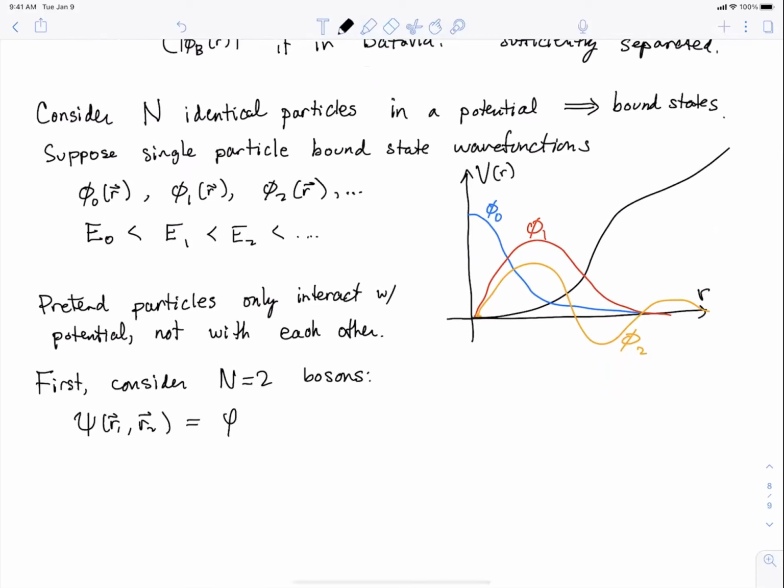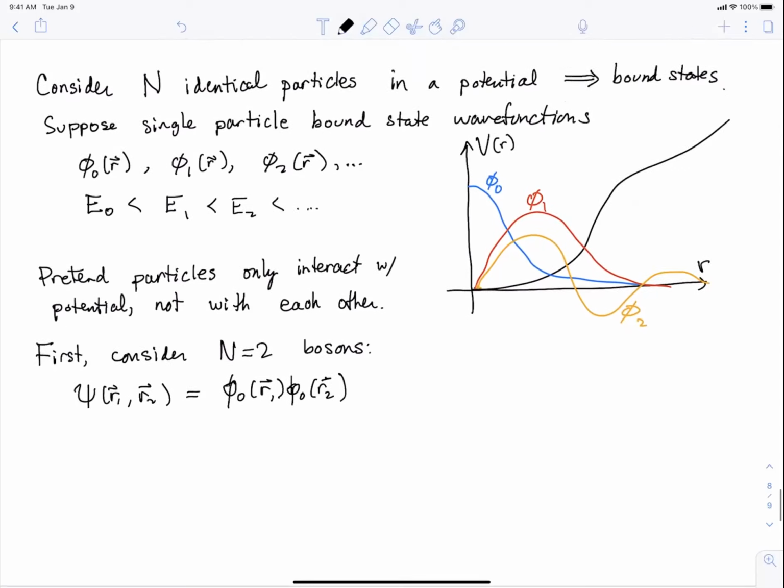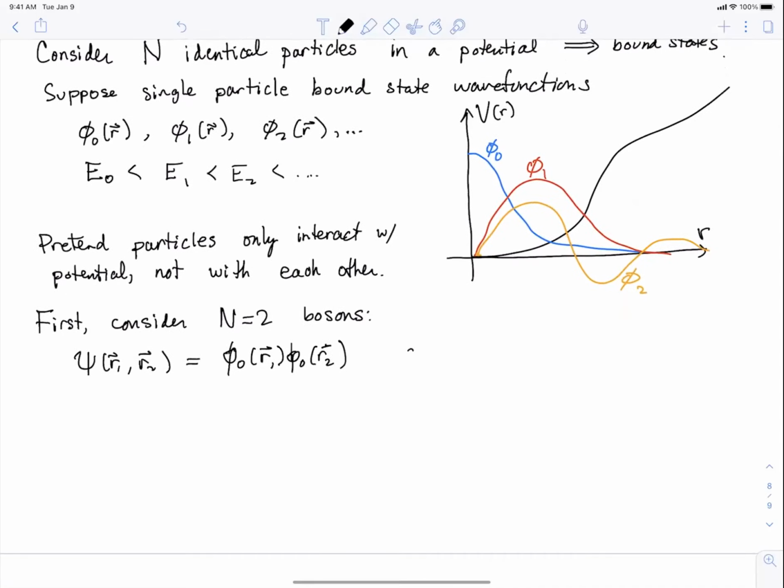It's just going to be the product of the two lowest energy eigenstates I can find for the individual particles, which is phi 0 of r1 and phi 0 of r2. And I don't need a square root of 2 because they're the same. And this is going to have a symmetrized spin wave function, because already the spatial part is symmetric.